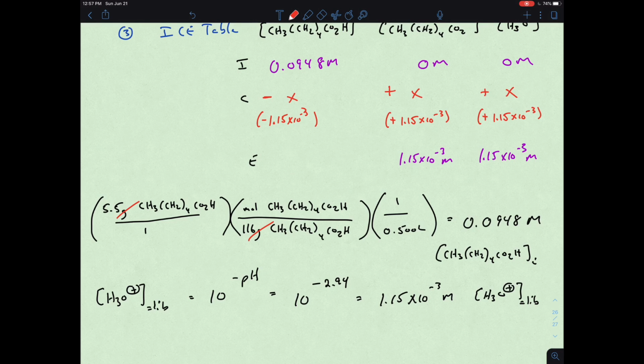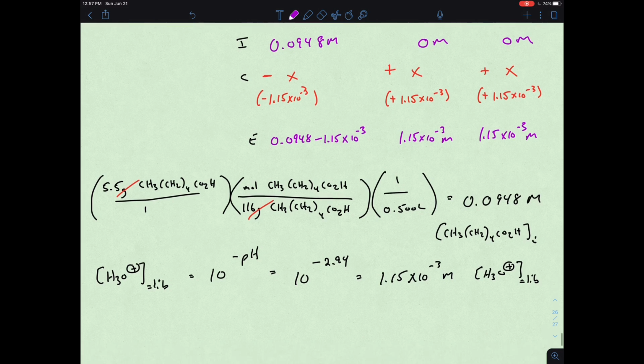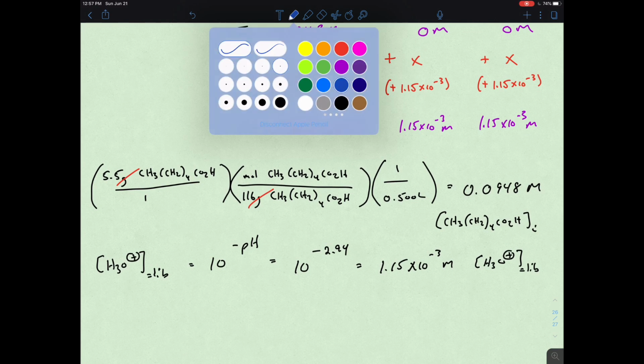So we would have 0.0948 minus 1.15 times 10 to the negative third. So there are all of our equilibrium values.